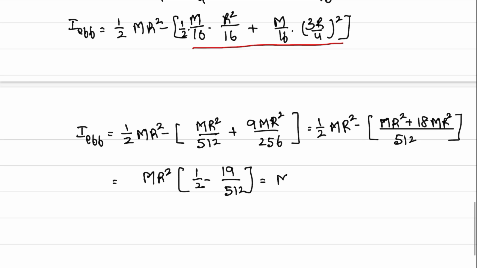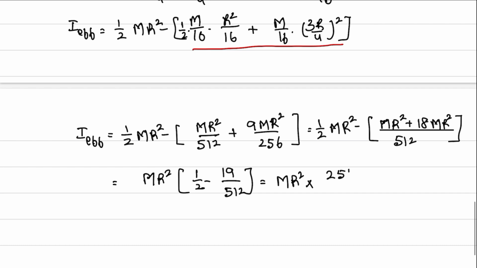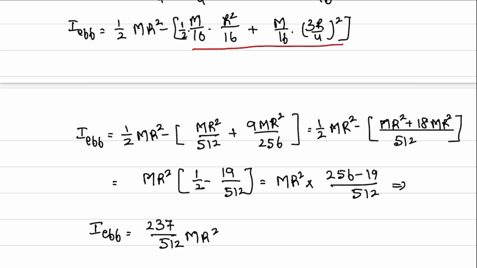That is equal to M R square into 256 minus 19 by 512. That implies the effective moment of inertia is equal to 237 by 512 M R square, since 256 minus 19 is 237. This is the answer for this problem.